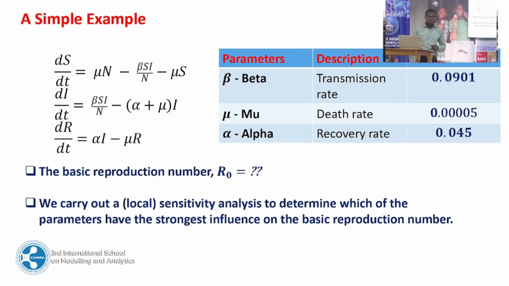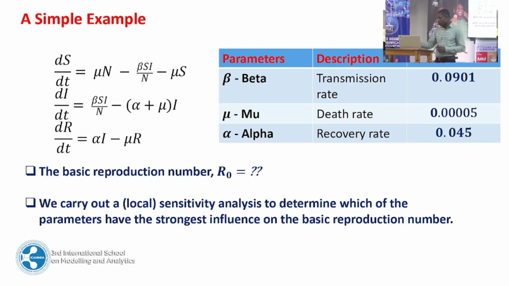Who else wants to help us? The basic reproduction number. Yes, somebody here. All right, so the basic reproduction number is the average number of secondary infections produced by one infected person in a perfectly susceptible population where there is no immunity or vaccination.